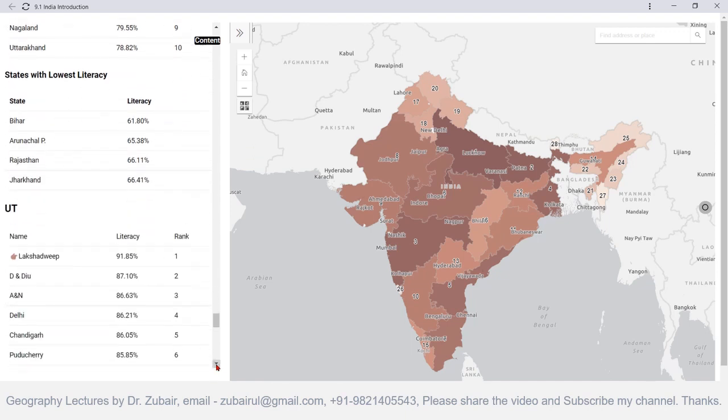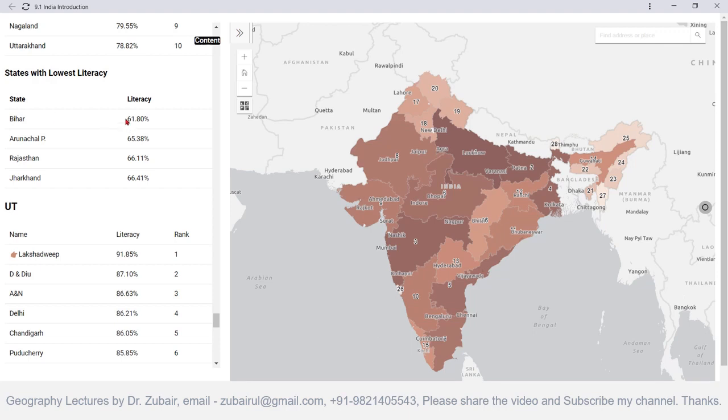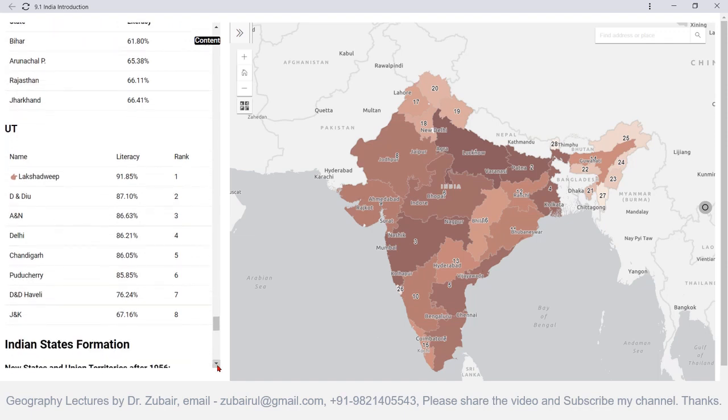States with lowest literacy: Bihar is only 61.80, Arunachal Pradesh is 65, Rajasthan is 66, and Jharkhand is 66. In Union territories, the highest literacy is Lakshadweep, 91.85%, then Daman and Diu. Similarly, you can see others.